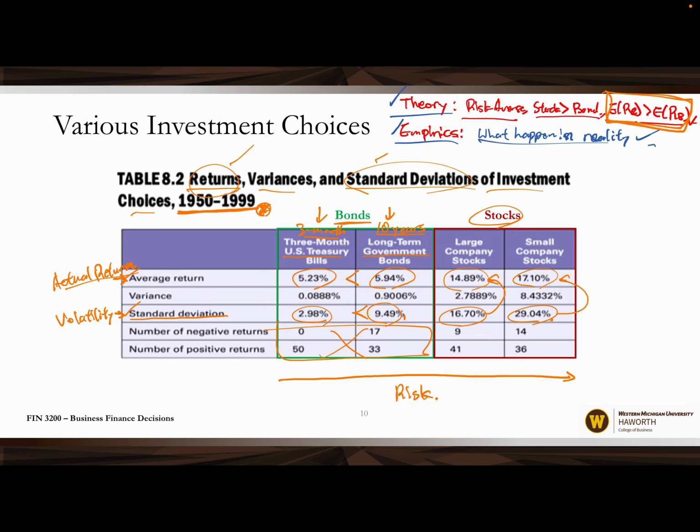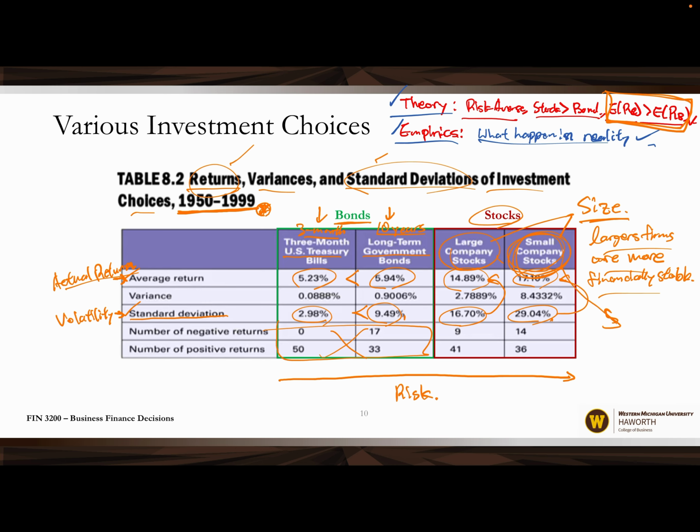So another interesting point here is we have a large company stock versus a small company stocks. These are portfolios, okay? So if you can imagine, what's the difference? It's the size of the companies, okay? And all else equal, larger firms are more financially stable. Okay, it's just how it is, right? Larger firms are more financially stable, all else equal, on average, and so this would be like a size premium for small stocks.